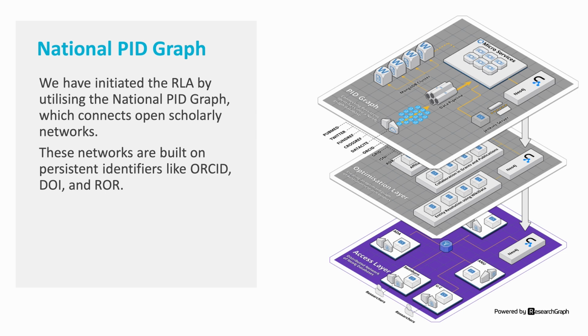That provides a context around the nature of the collaboration, and the outcome of this across the network, the national PID graph, is held in Neo4j. The Research Data Australia project used the national PID graph in the beginning, and it is still one of the core components of this.